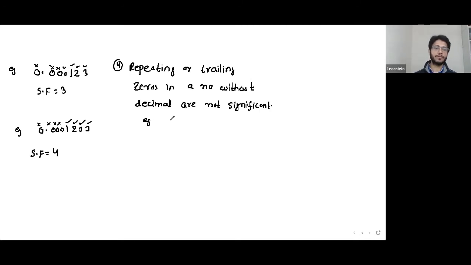That means if the number is 10000, these are trailing zeros. You don't have a decimal here, so these zeros are not at all significant. You just have one significant figure. Significant figure is one only.